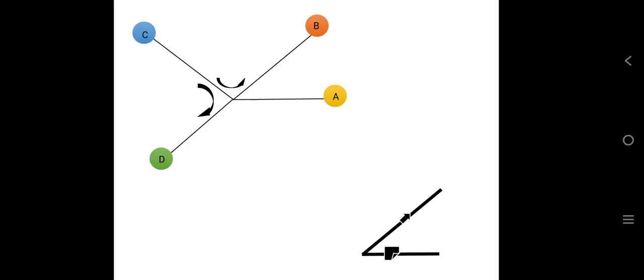By using this diagram, we can easily identify the forces acting. The red color represents the unbalanced masses, acting in this direction.